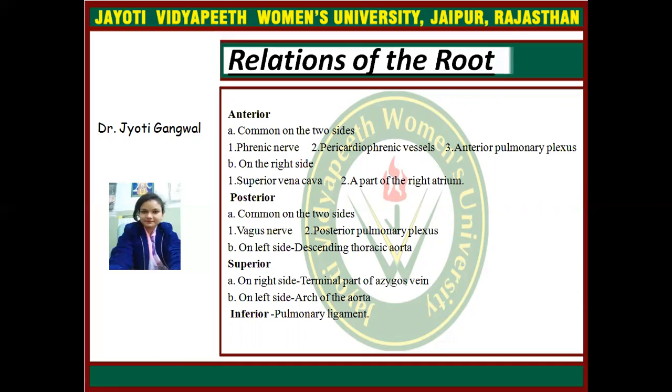Posteriorly, common on both sides are the vagus nerve and the posterior pulmonary plexus, and on the left side there is the descending thoracic aorta. Superiorly, on the right side there is the terminal part of the azygos vein, and on the left side there is the arch of the aorta. Inferiorly, the pulmonary ligament.